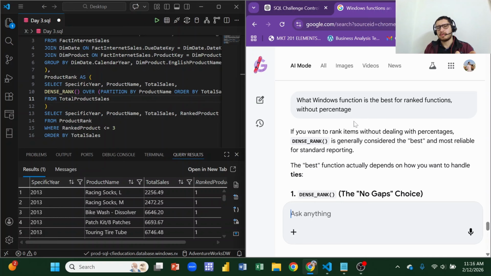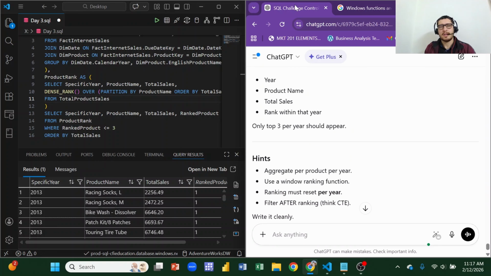But I wanted to go without percentage, so I asked Gemini for help, and it said that the dense rank formula is the best for standard reporting. So with that I knew which rank function I had to use. I need these hints from Gemini other than ChatGPT, because I'm using these functions for the first time, so it will take me some time to understand them fully.